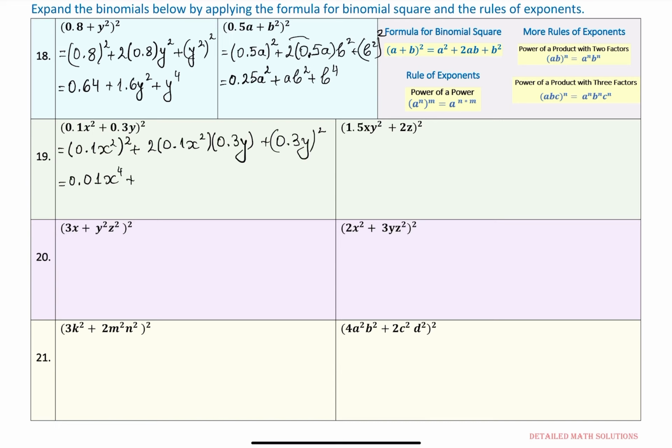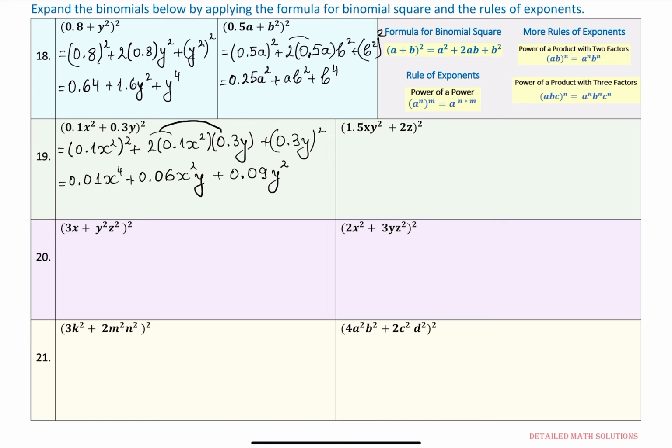In the middle term, we need to multiply the numerical parts. 2 times 0.1 is 0.2, and then multiply by 0.3, it equals 0.06x²y, plus 0.3 squared is 0.09y².